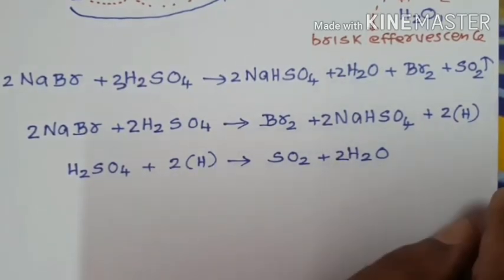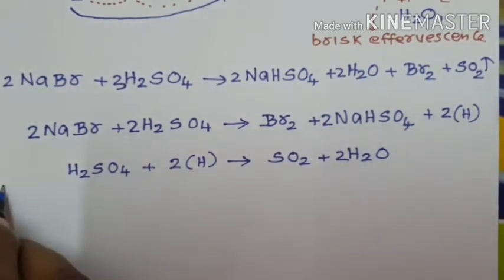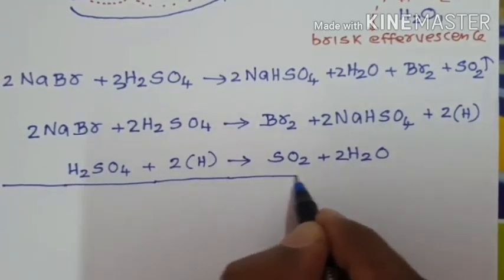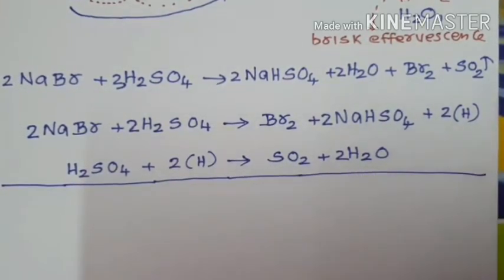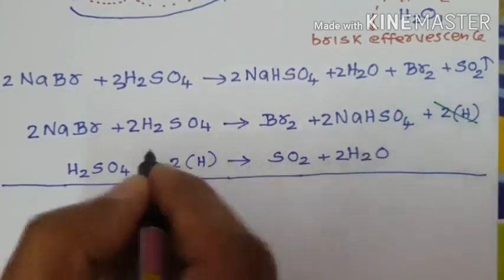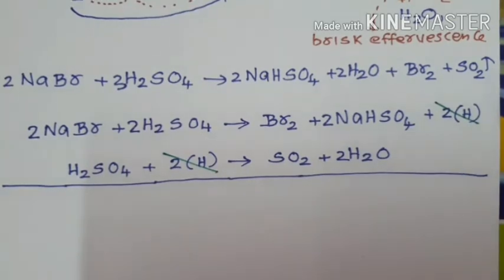The equation is balanced. Which one undergoes oxidation and which reduction, we will see at the end. When we write the overall reaction, we add step 1 and step 2. In both reactions the nascent hydrogen, 2 hydrogen, is equal, so these two get cancelled.